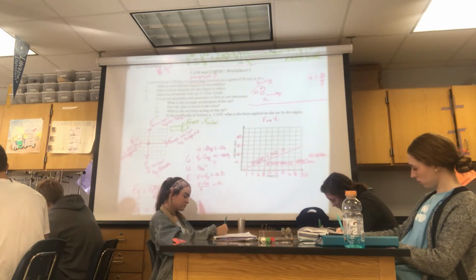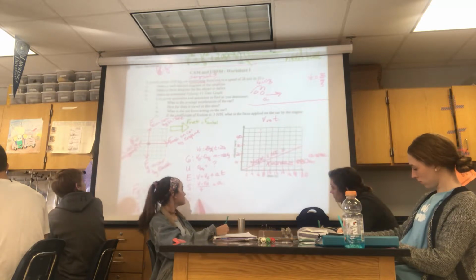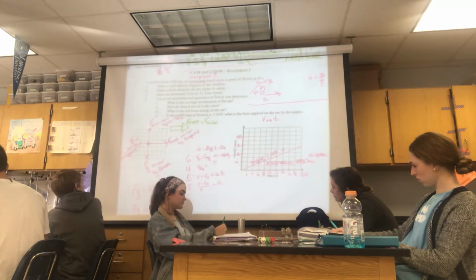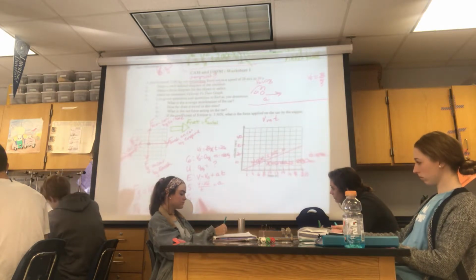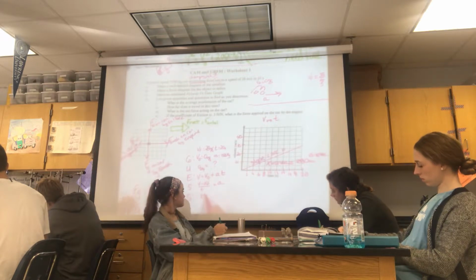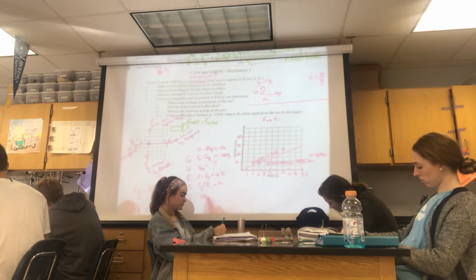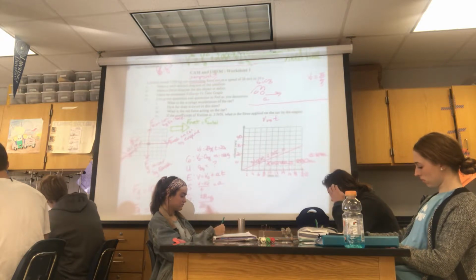Am I starting from 0? The truth is that V naught is 0, so that's going to cancel out, right? So I'm going to end up with V, 28 meters per second over what? Equals A, so what's A?